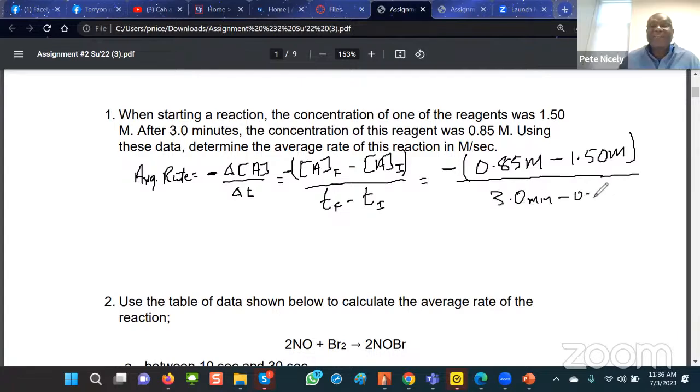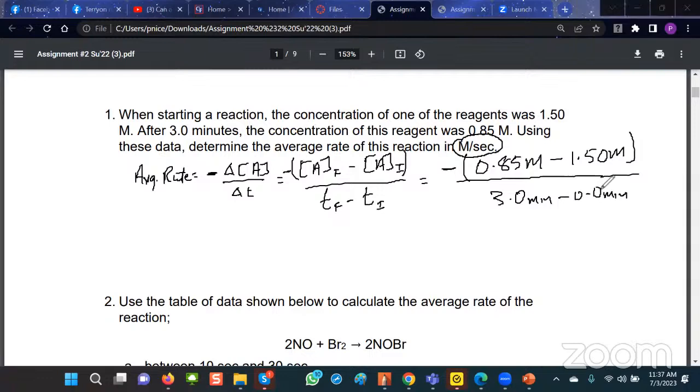Okay, minus 0.0 minutes. But remember, the question says that the rate must be given in meters per second, I'm sorry, M over second, right? So what do you think we need to do next? Multiply by 60.